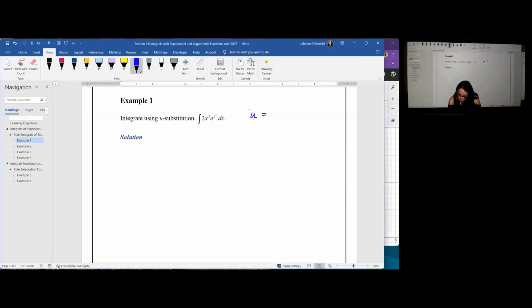If I let u be x to the fourth, then the next thing I want to do is find the derivative of u with respect to the differential. The original differential is what we're taking the derivative with respect to. In this case, du dx will give me 4x cubed. Then I abuse the notation and I swing the differential in the denominator around to the other side. This gives me an expression for du.